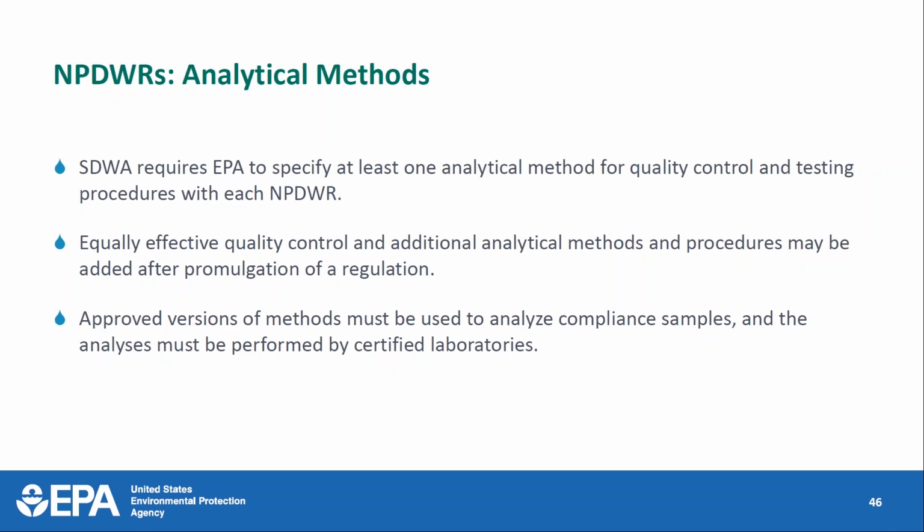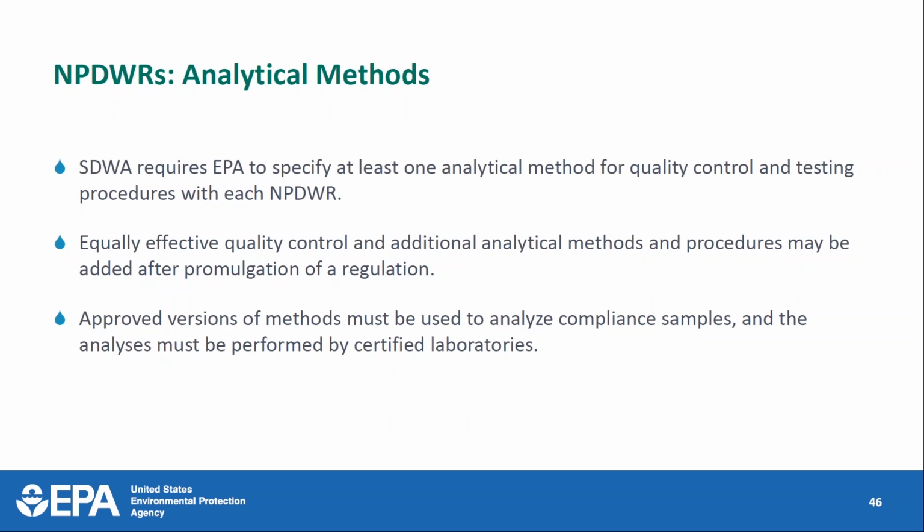And finally, a point that I always harp on is your laboratory has to use the approved versions of the method. So in the regulation, it will give the name of the medium or the method, and it will then say, for instance, some kind of tracking, like a date or a version, and that is the version that must be used by certified laboratories.